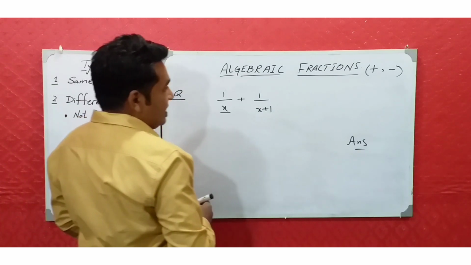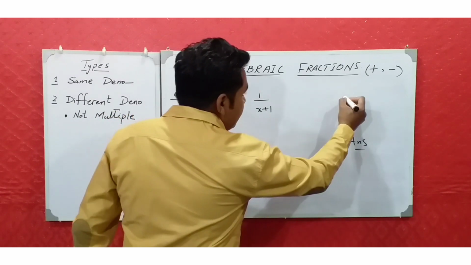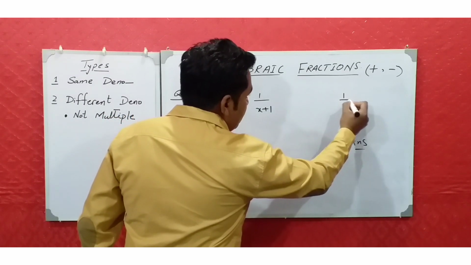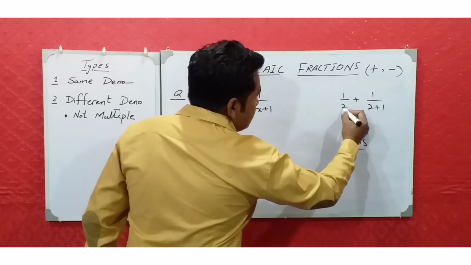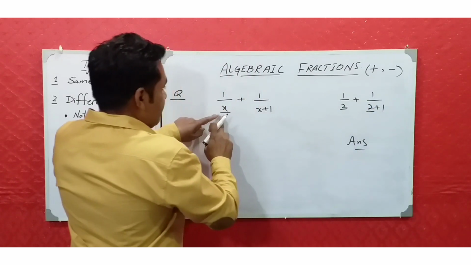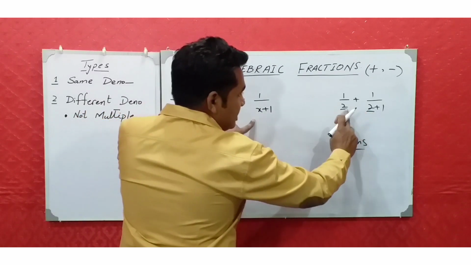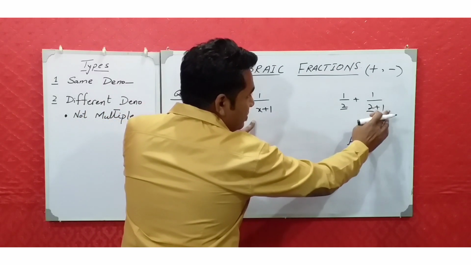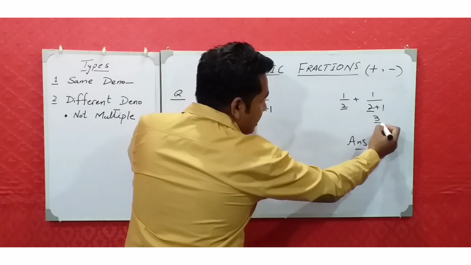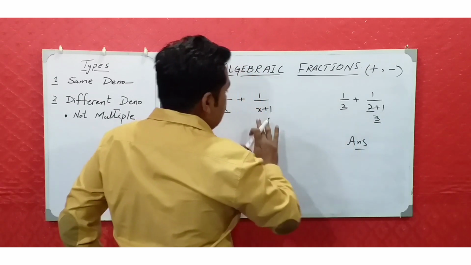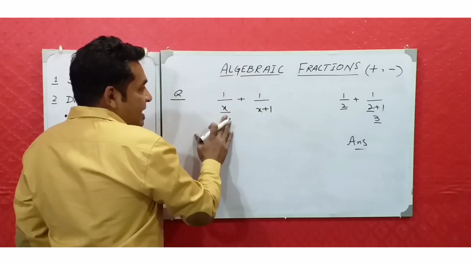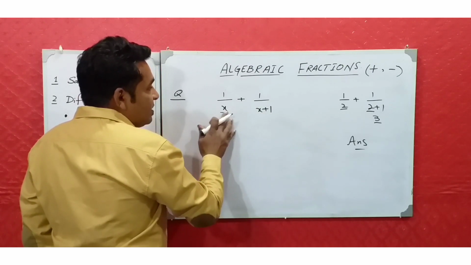Or you can compare it with an arithmetical question like 1 over 2 plus 1 over 2 plus 1. Here we have x, and this is 2, and 2 plus 1 is 3, and 3 and 2 are not multiples of each other.